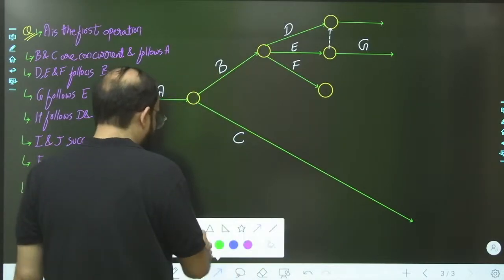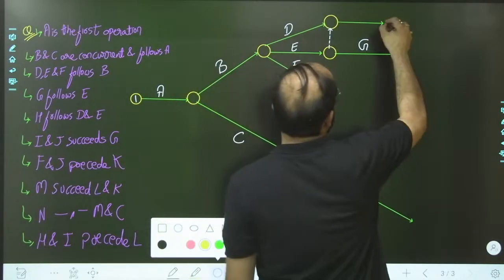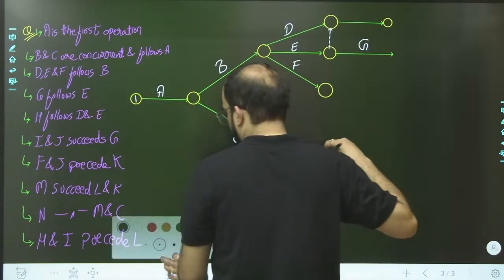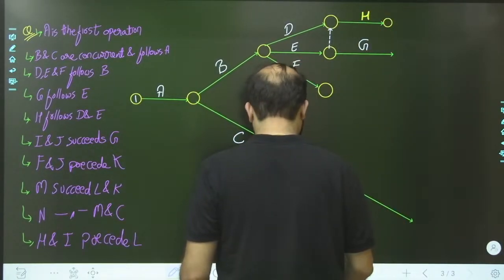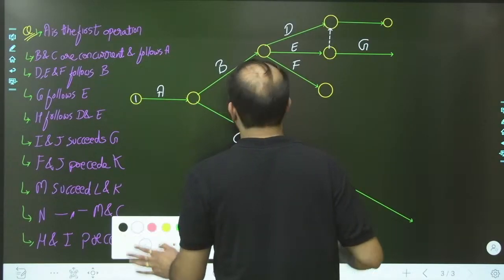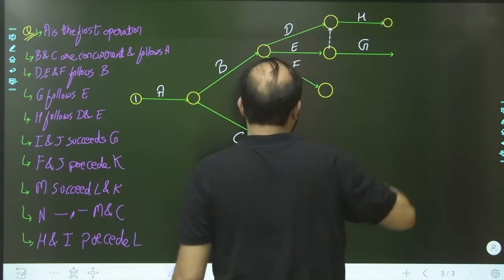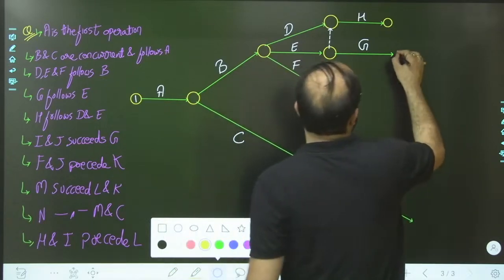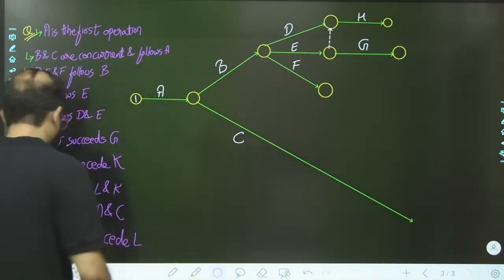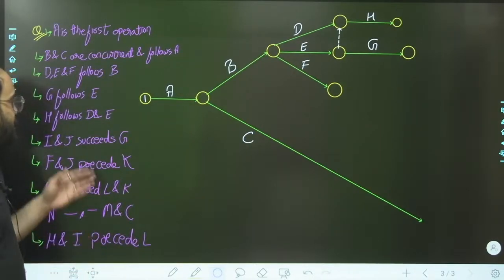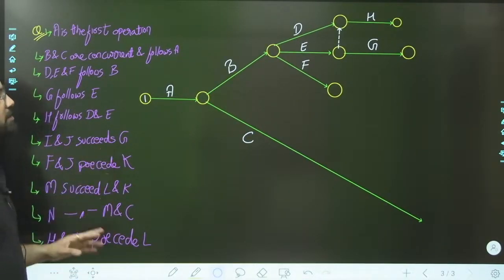So now the logic will be there. So this will become H. This is for H activity. This is another node.